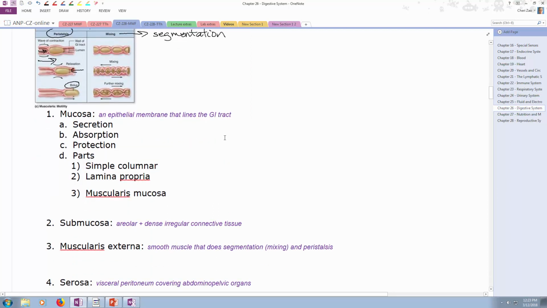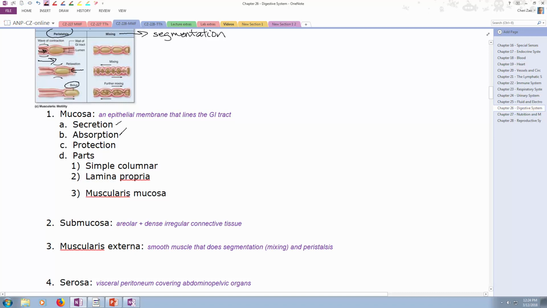Mucosa. Let's take a look, because the mucosa of the digestive tract is really quite different. We do have indeed an epithelial membrane that lines the entire tract, and it will have modifications based upon what's going on in that area. So if we are secreting, that's typically the stomach is what we most commonly think of first. And there's going to be a change in the mucosa for that. And it's because we are secreting acid. And so we have to protect our own mucosal lining whenever we look in that area.